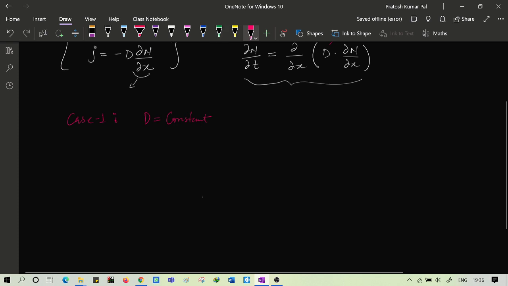If it is a constant, then by Fick's first law, the flux is given by J = -D ∂n/∂x. By the second law, this was the expression.